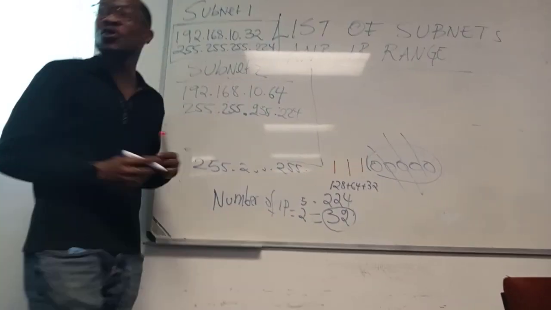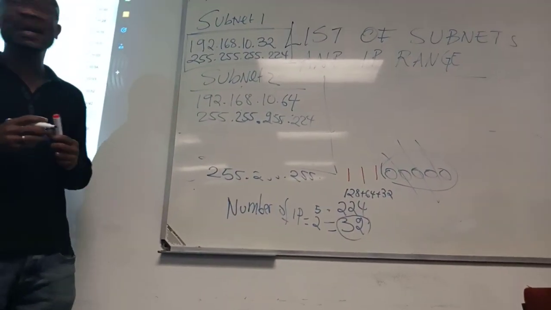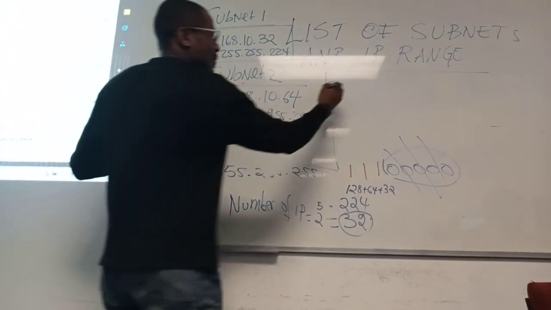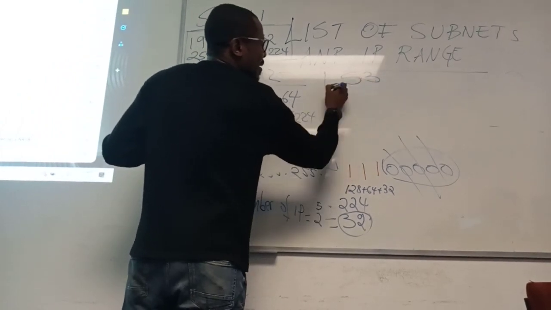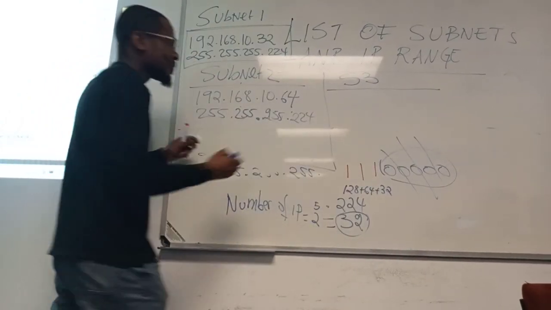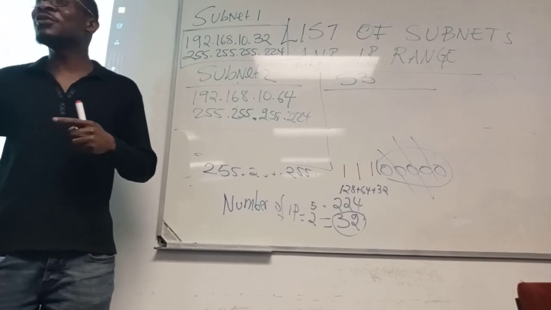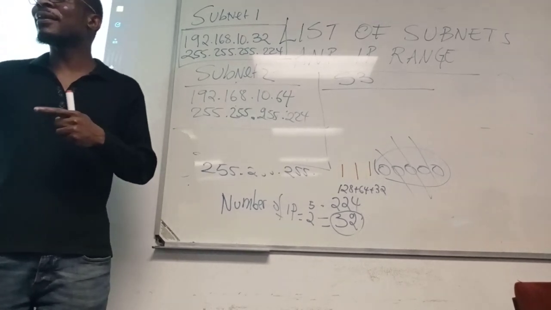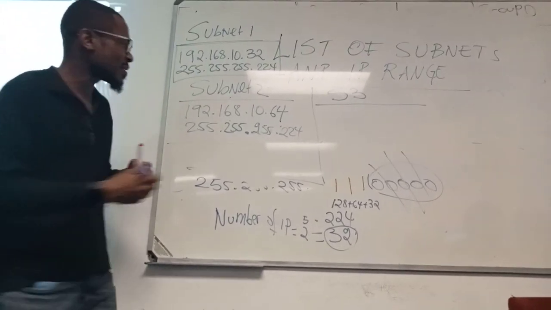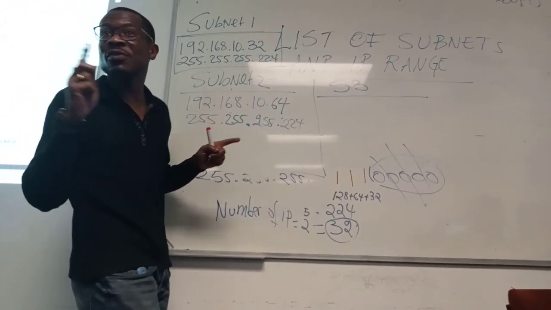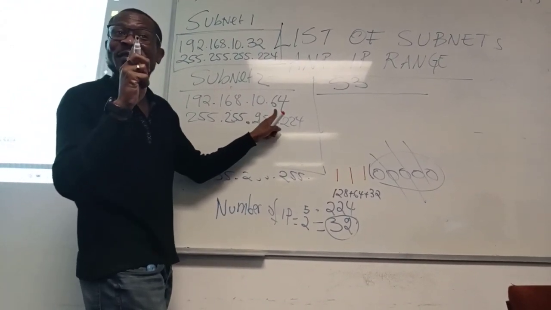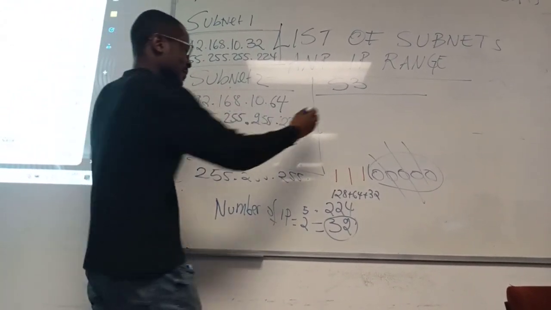Now we're going to move to subnetwork number 3. I'm going to just say S3. You have to increment. You always increment by what? By 32 number of IPs, because it's class C and we are touching the last octet.